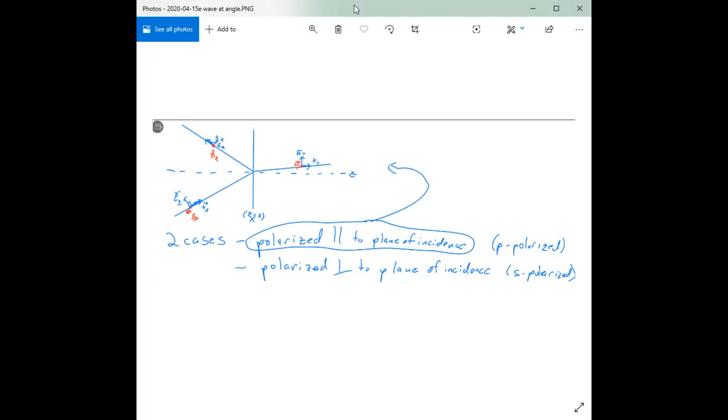Okay, setup. We're looking at the case of an electromagnetic wave that is polarized parallel to the plane of incidence hitting the interface. So what we're going to do now is start applying our boundary conditions, the 4 that we looked at. So let's go back to this.